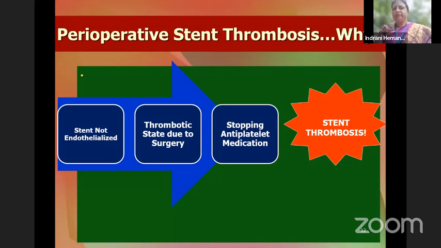So the main reasons why the patient can have a perioperative stent thrombus are, one, the stent is not endothelialized, or the thrombotic state due to surgery itself, or stopping the antiplatelet medication.